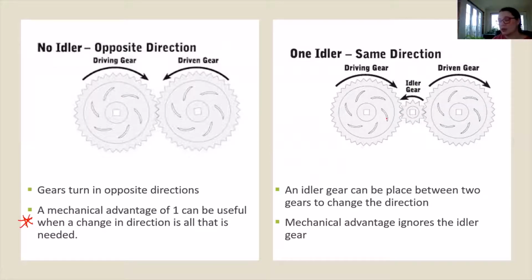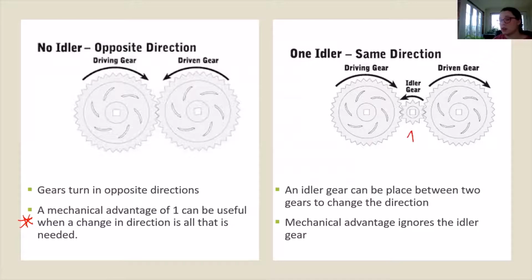Well, you'll notice if you went from the big gear to the little gear, you're going to have a change in mechanical advantage. But if these two are the same size, if you go from the little gear to the big gear, it's just going to change back up. So in this case, we don't have any mechanical advantage in terms of force because these two gears are the same size. This idler gear just helps us change direction.